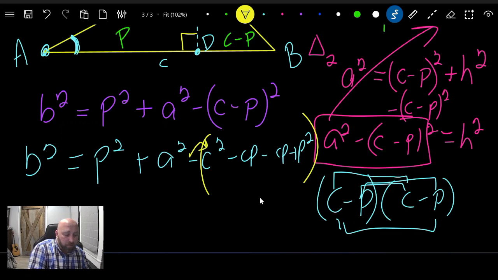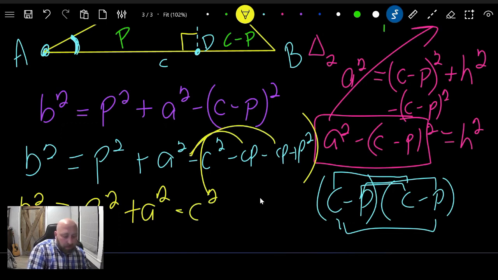We need to distribute this negative sign to everything. So what we're going to get here is B squared equals P squared plus A squared minus C squared. This is going to be a plus and a plus, so we're going to get plus 2CP, and then that minus is going to go to that, so we get a minus P squared.